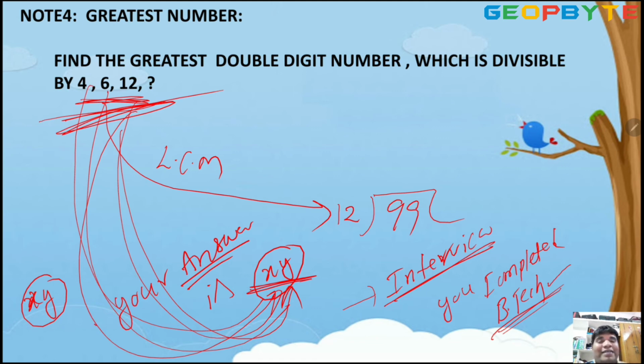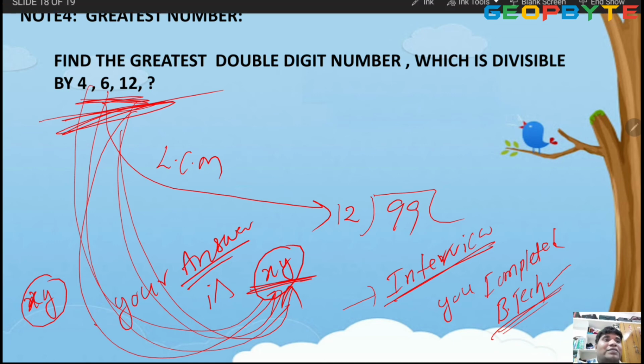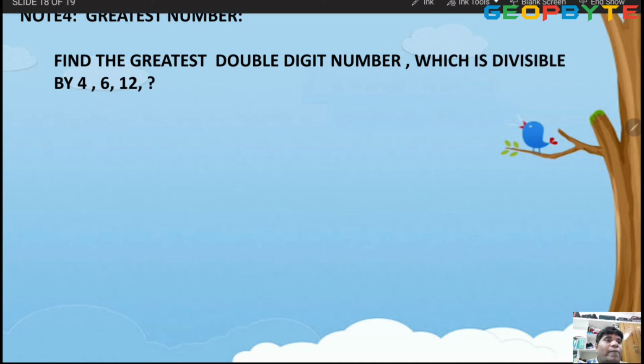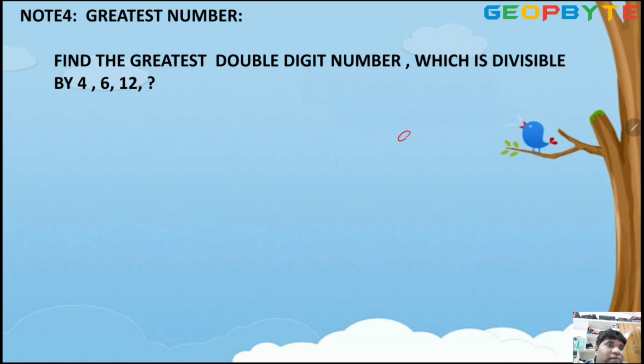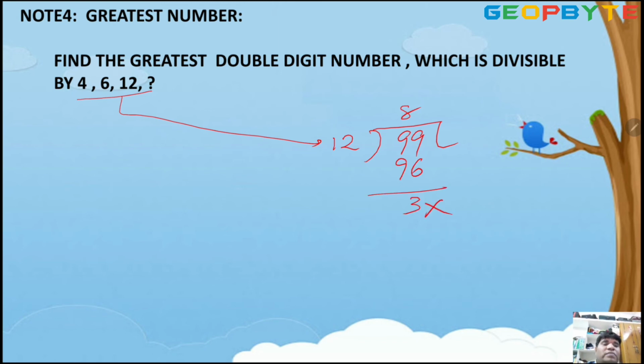Okay, children. Now observe the confirmation. Find the greatest double digit number which is divisible by 4, 6, 12. Initially the greatest double digit number is 99. The LCM of 4, 6, 12 is 12. How many times is it possible? 12 8s are 96. Remainder 3. This is waste.